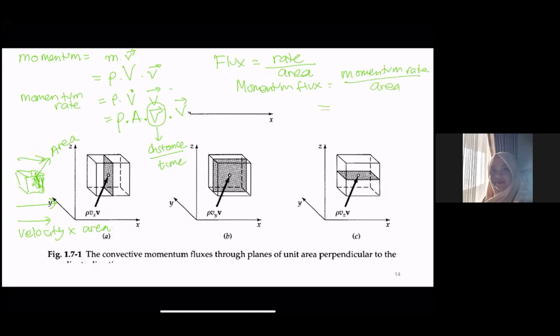The momentum rate in this case is rho multiplied with the area, multiplied with the velocity, multiplied with the velocity, and divided by that area. So that becomes rho v v. So that is the momentum flux, which is caused by the convective movement.